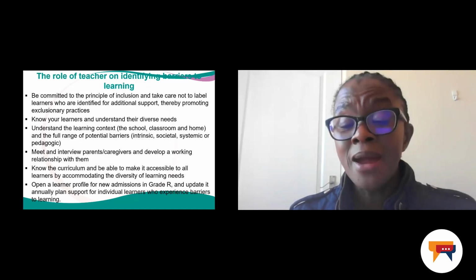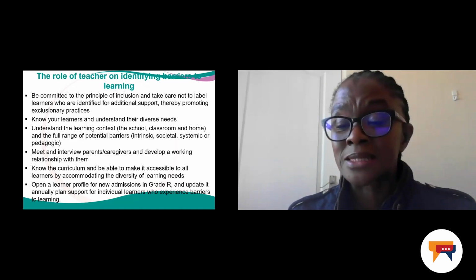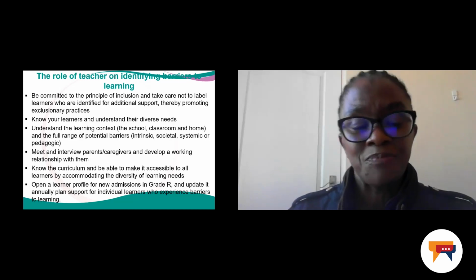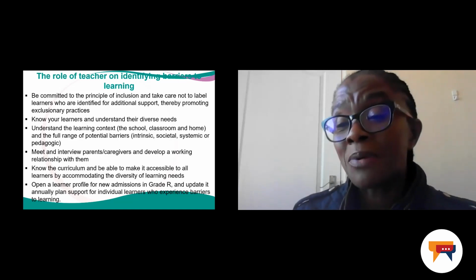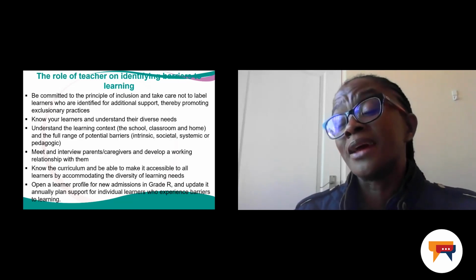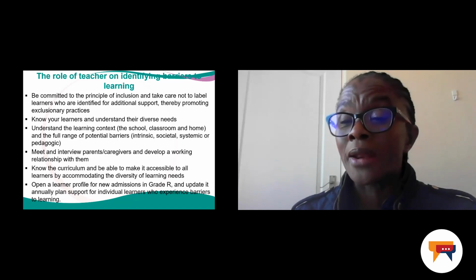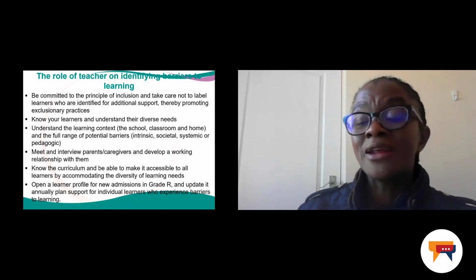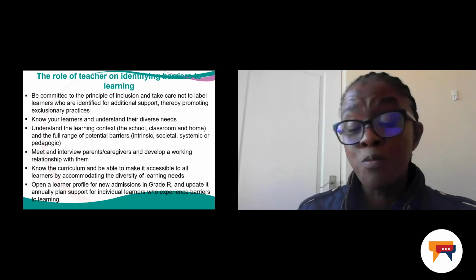Know the curriculum and be able to make it accessible to all learners by accommodating the diverse learning needs. Opening a learner profile in the foundation phase is very important, not only in grade R, not only in grade 1, but throughout the foundation phase. Make sure that every learner has got his or her own profile.